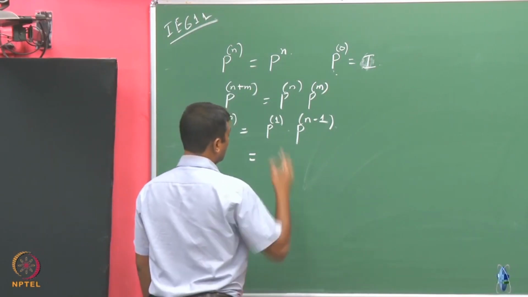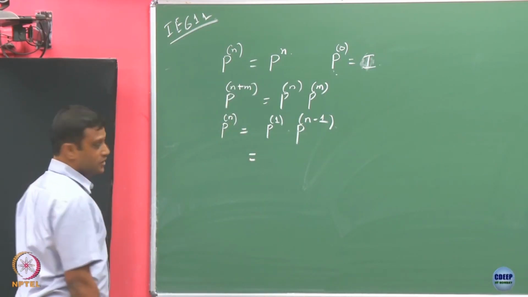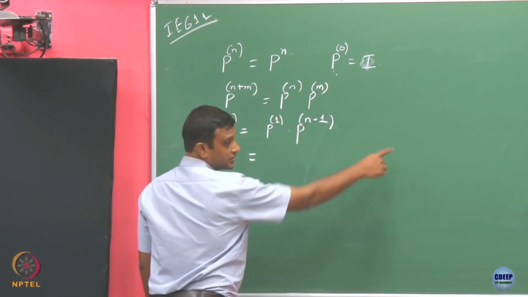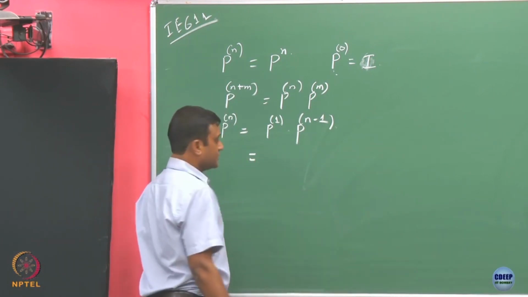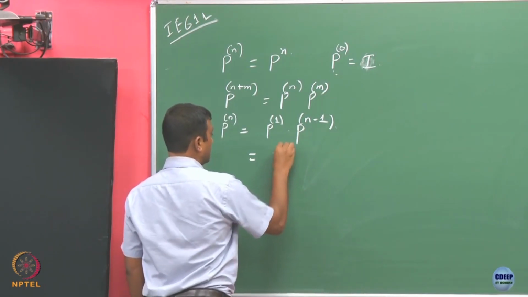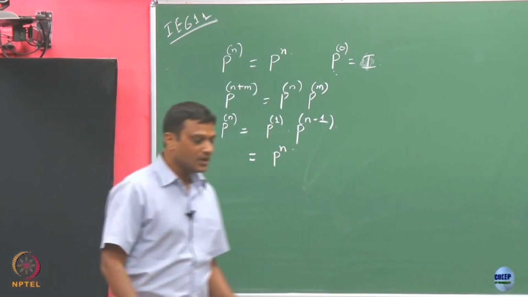So P of n we are able to split in this fashion, and we could further split it, and this finally results in P to the power n. Okay, fine.